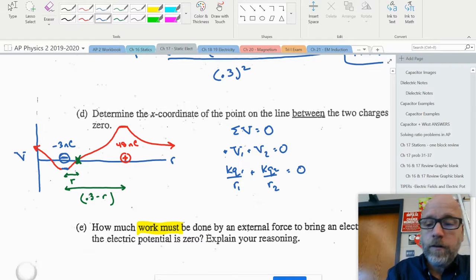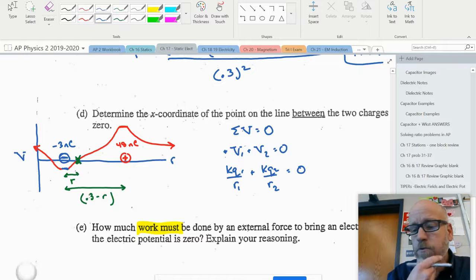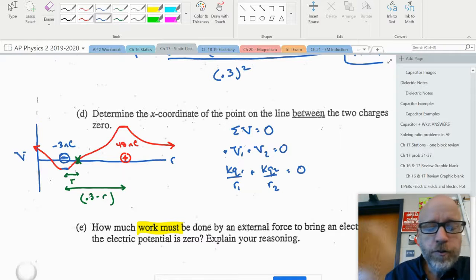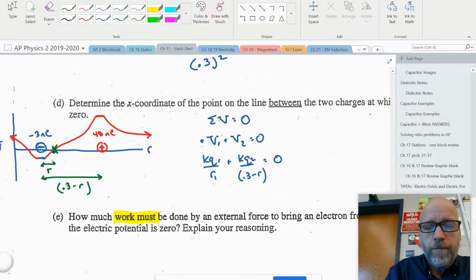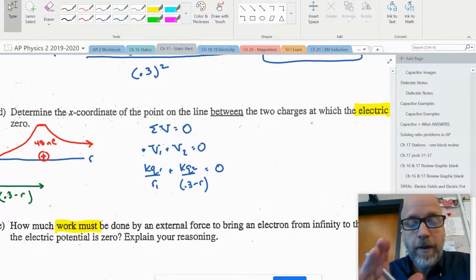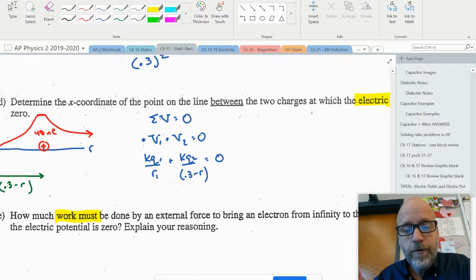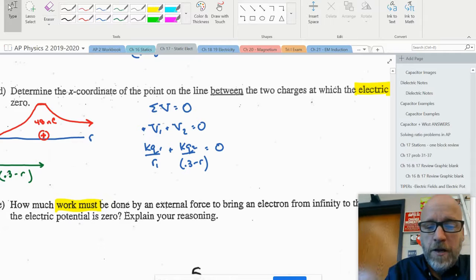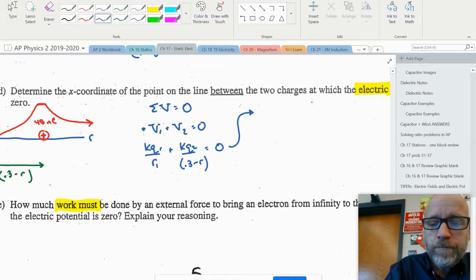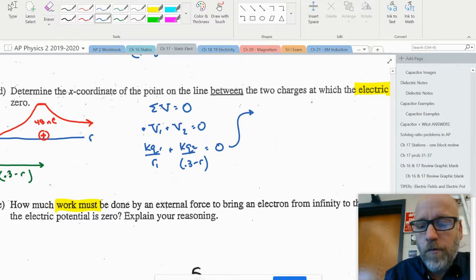Now the values. Well, I'm looking at R2. What could I plug in for that? That's right, I just found it: 0.3 minus R. So if I go ahead, now careful, what am I going to do?